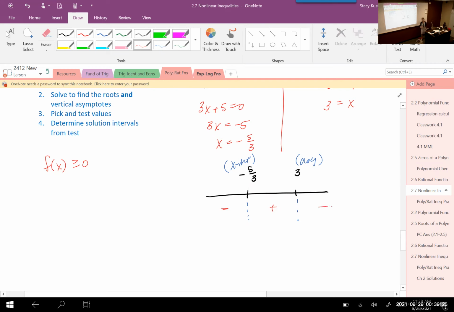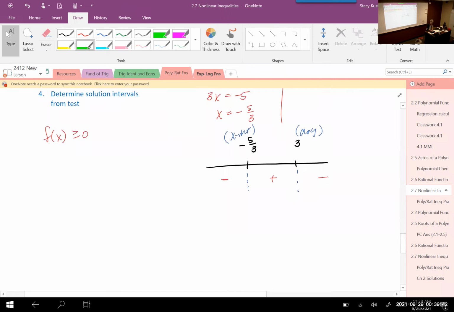You agree with that? Yeah? Okay. And I want to know, where is the function greater than or equal to 0, or in other words, where is the function positive? What would my solution set look like then? That's occurring here in between, right?